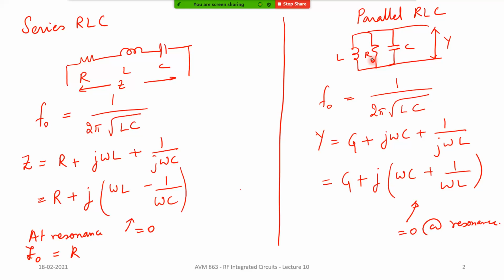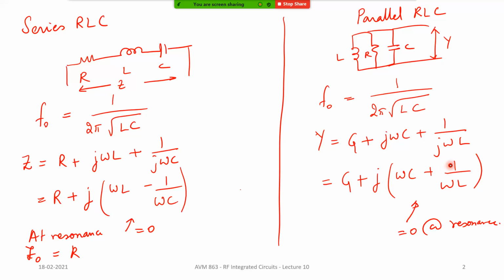Now, if you look at the parallel RLC, what happens? You again get the same thing. The admittance goes to a minimum at the resonance frequency, and at lower frequencies, what is going to dominate the admittance, the inductor or the capacitor?